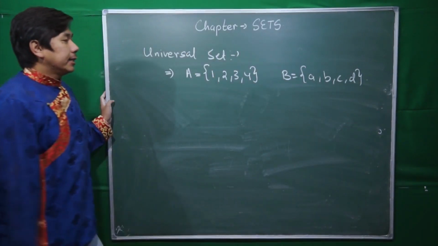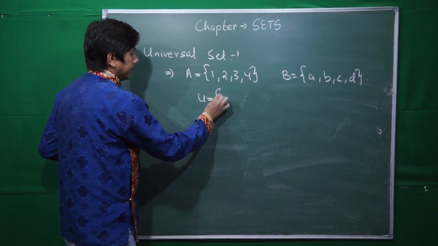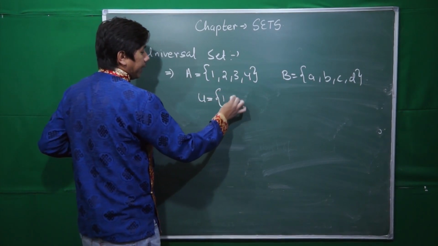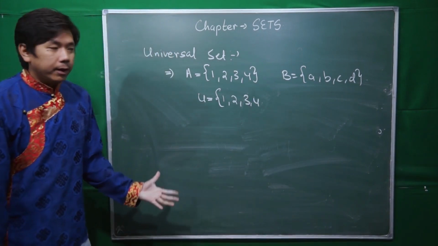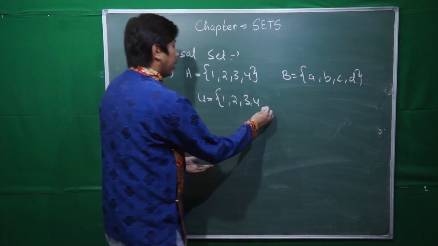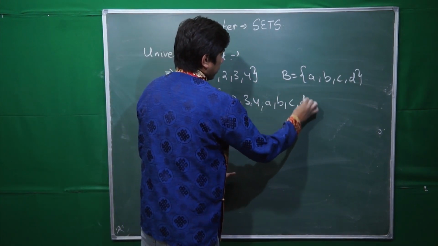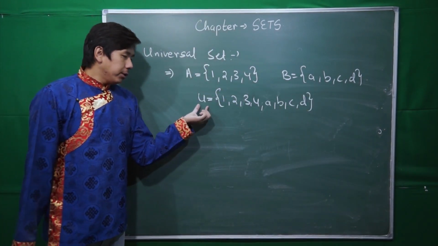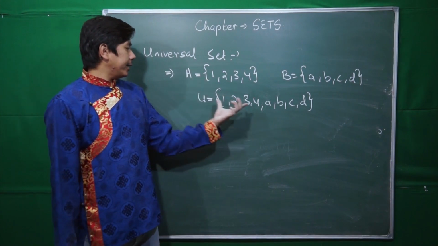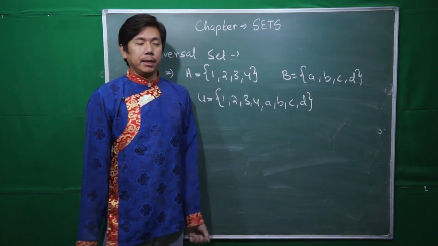Then, in this case, a universal set would be a set that contains all the elements of A, 1, 2, 3, 4, included with all the elements of B as well. So this means that universal set U is a parent set that contains set A and set B.